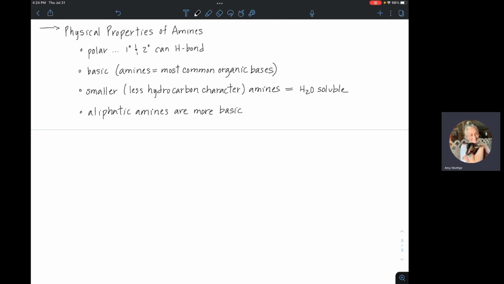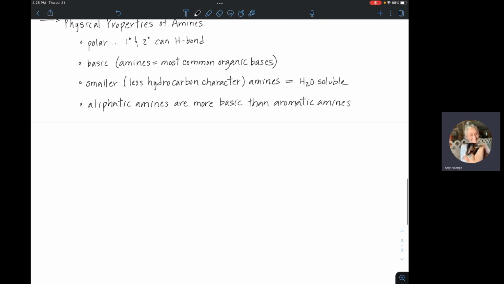We can look at pKa values for that. An easy place to start would be just like what we did with phenol and cyclohexanol when we were talking about alcohols. We could compare cyclohexylamine with aniline.